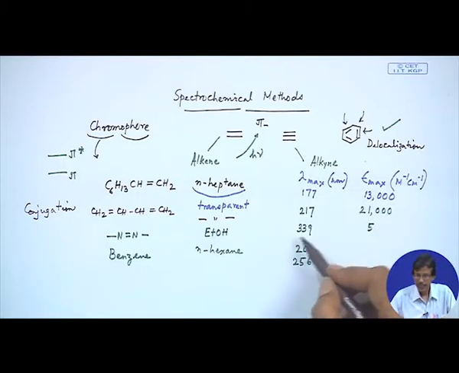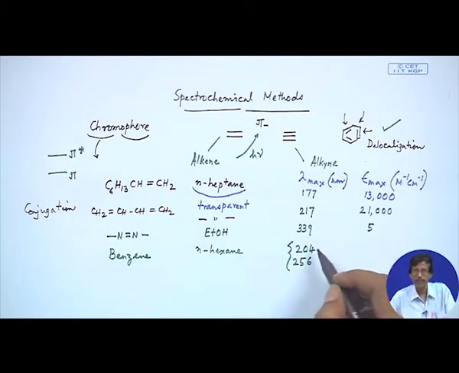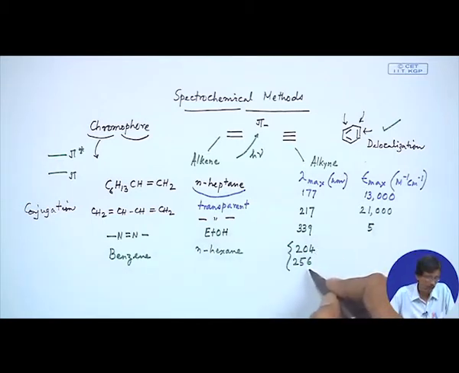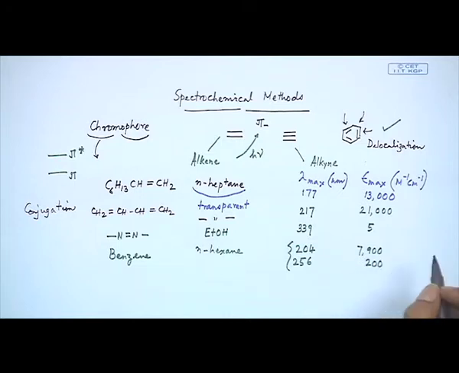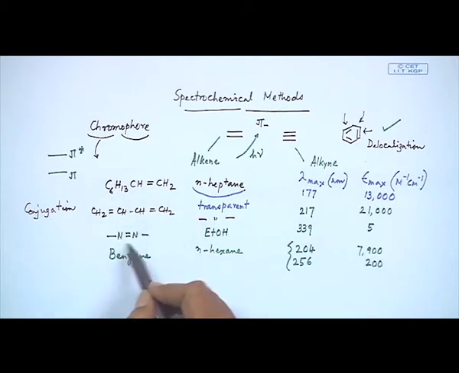So, you see these two absorptions are characteristic, which you can find only for benzene, and these two values as well as their corresponding epsilon values, 7900 in one case, and in another case it is less, which is 200 only, are very characteristic for the electronic absorption of the benzene molecule.